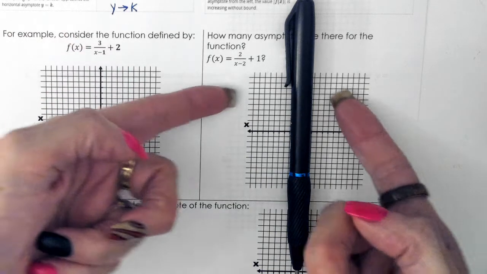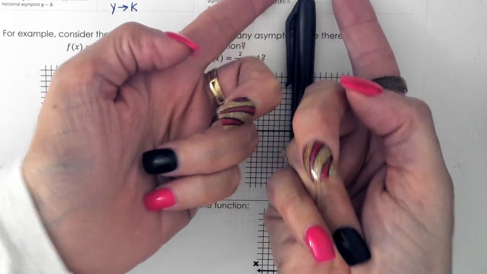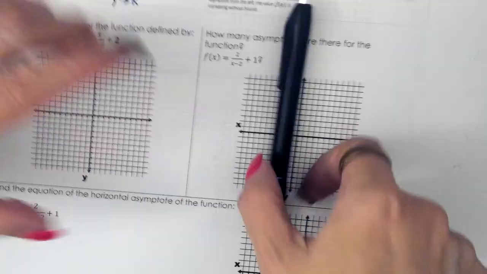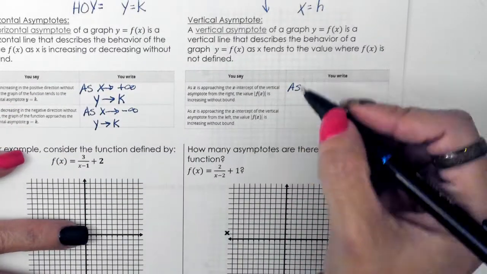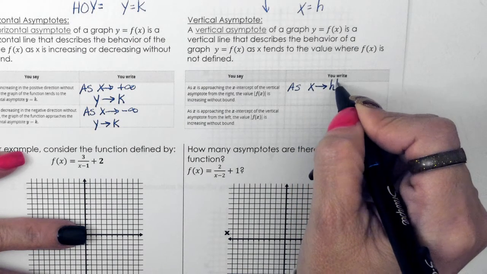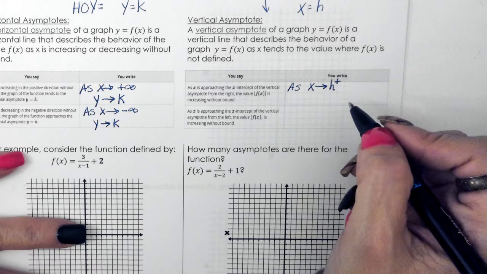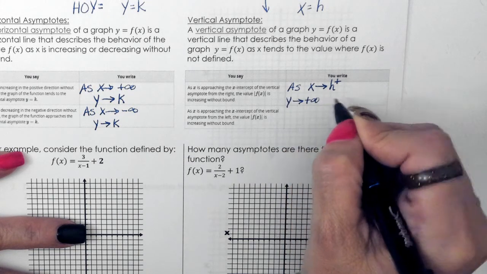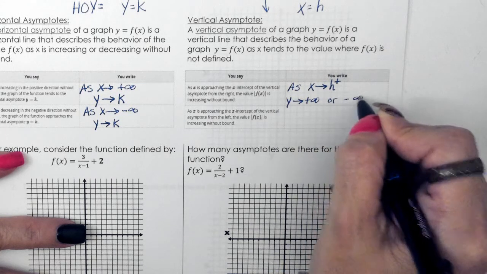Well, as they go up, they're going to go towards positive infinity. As they come in and go down, they're going to go to negative infinity. So as we're going to do it both ways, we're going to say as we approach the vertical asymptote from the right, the y value is either going to go to positive infinity or it's going to go to negative infinity.